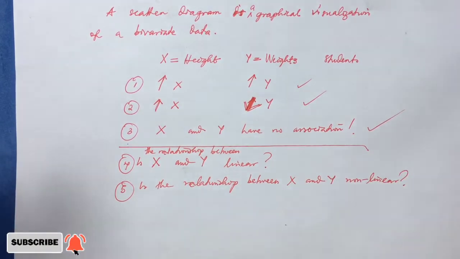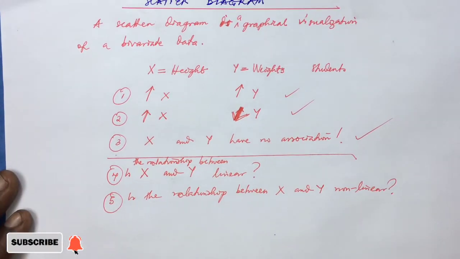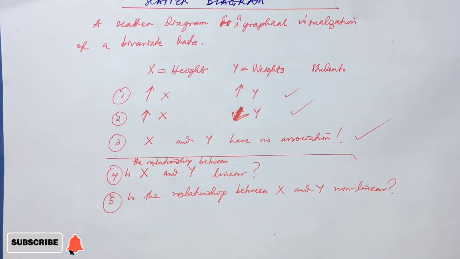These five things I have mentioned are things that you can get directly from a scatter diagram. Let us reiterate. A scatter diagram is a graphical visualization of bivariate data. What did we say bivariate data is?